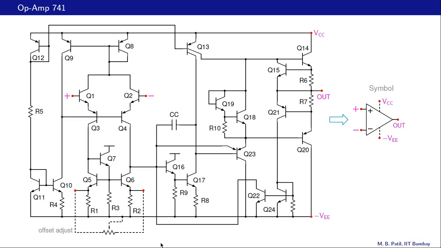Here is the internal circuit of the 741 op-amp, which we have seen before. This is the non-inverting input terminal, that is the inverting input terminal. Now ideally Q1 would be the same as Q2 in all respects. Q3 and Q4 would be the same, and Q5 and Q6 also would be the same. And when V plus and V minus are made equal, then because of symmetry the output voltage would be exactly 0.